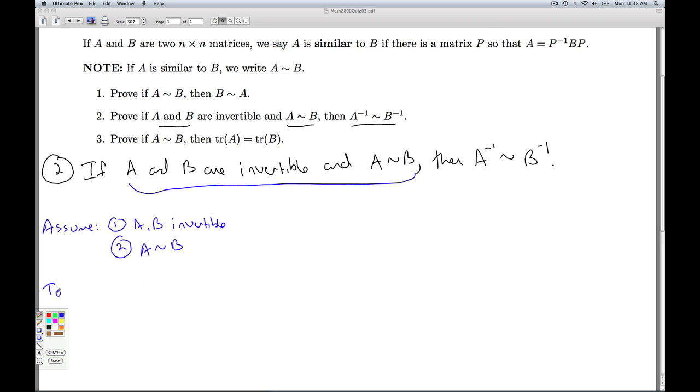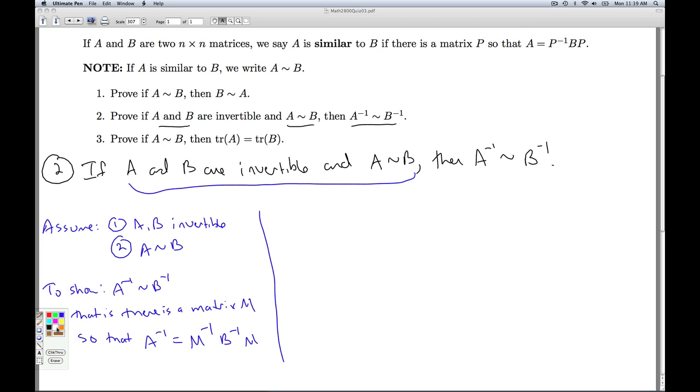What do I have to show? I have to show that A inverse is similar to B inverse. That is, there is a matrix M so that A inverse is equal to M inverse B inverse M. Okay, so that's the outline here.